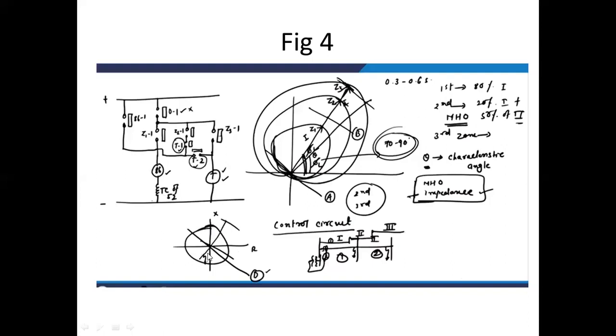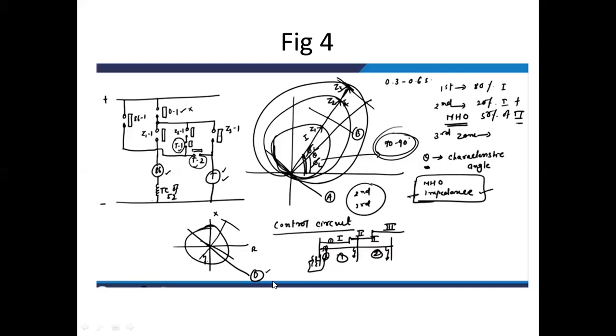So for that, I have to use the directional unit, and the contact of the directional unit is as shown here. But if I use the Mho relay, which is inherently directional, then this contact is not required.